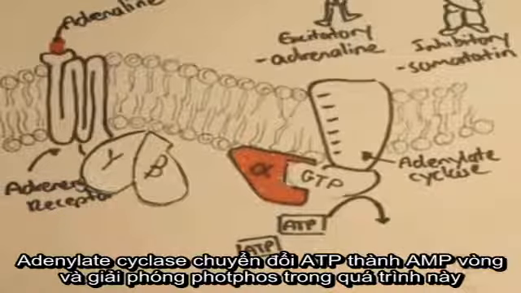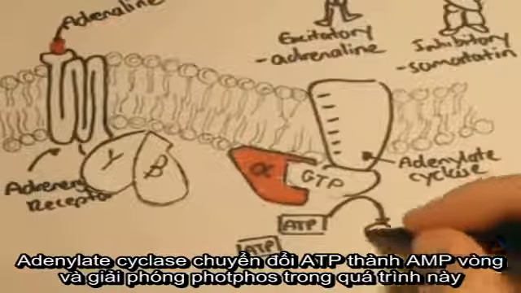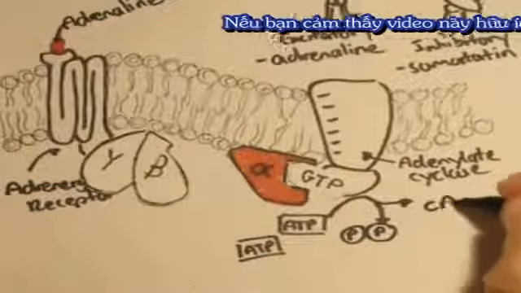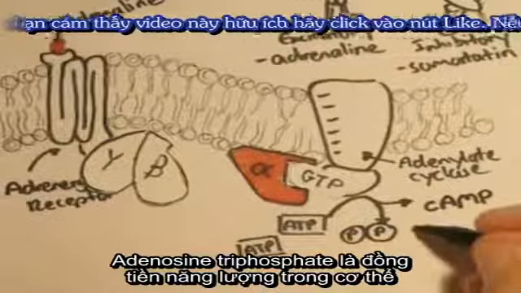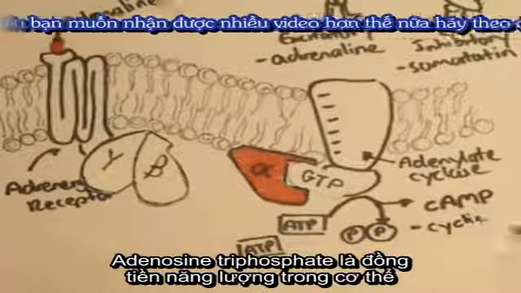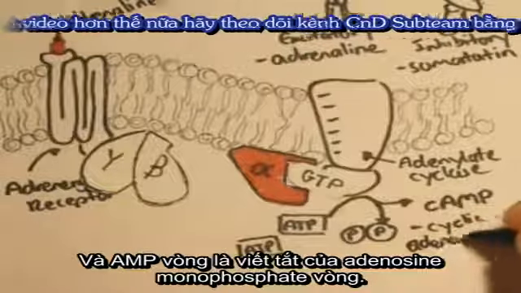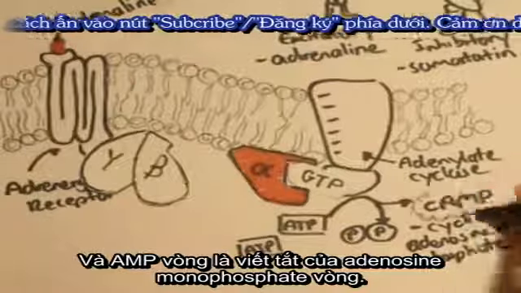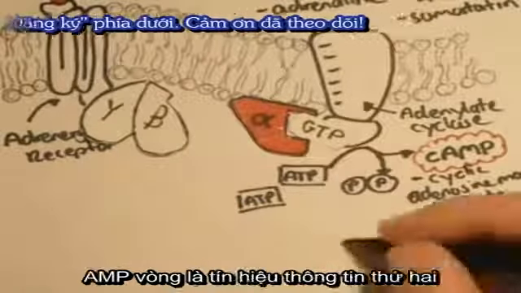Adenylate cyclase converts ATP into cyclic AMP and releases two phosphates in the process. Now, ATP, as you know, is adenosine triphosphate and is the energy currency in the body.